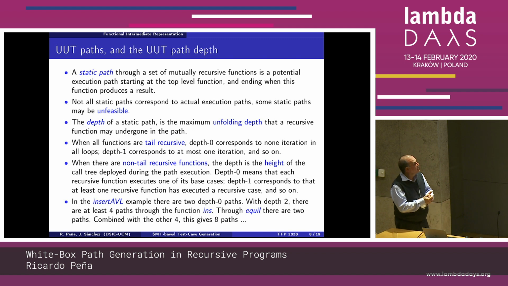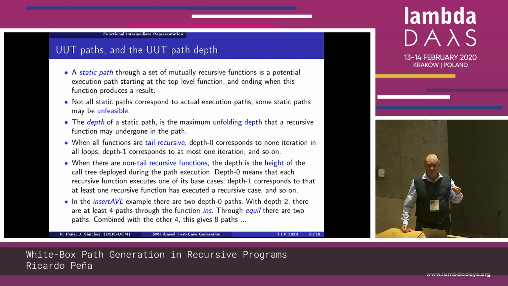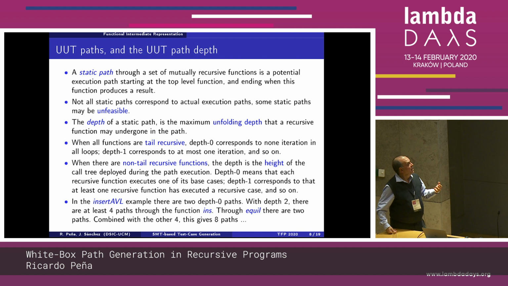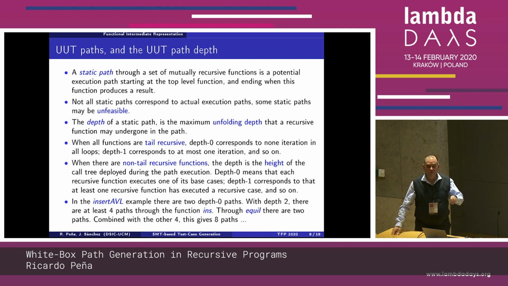But if you have non-tail recursive functions, then the depth corresponds to the height of the call tree deployed during the path execution. Then depth zero means that each recursive function executes one of its base cases. Depth one corresponds to at least one recursive function executing a recursive case, and then this recursive case executes a base case, and so on.